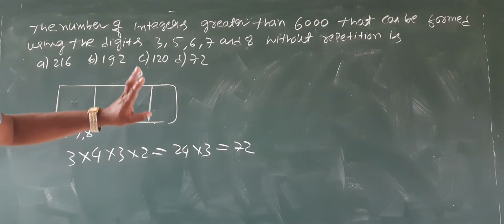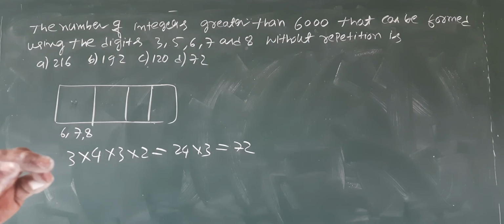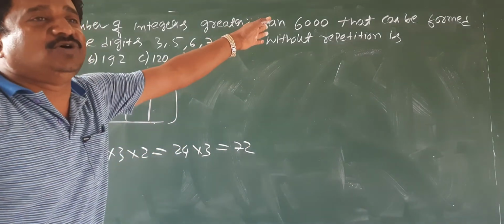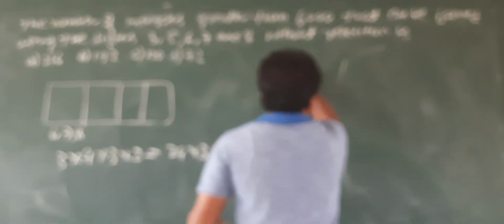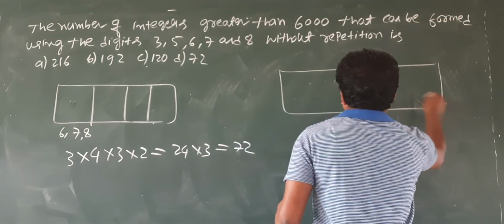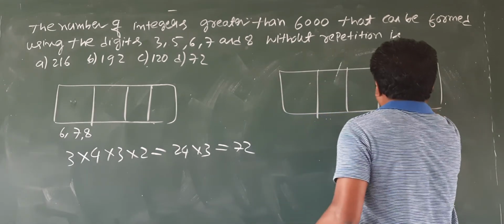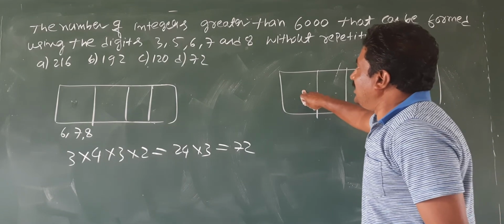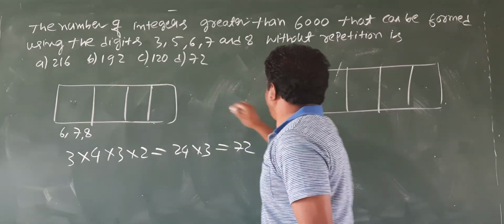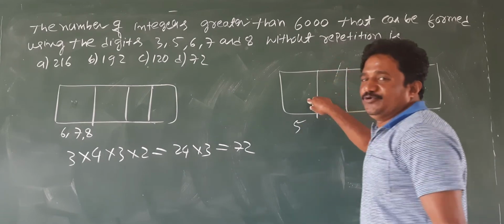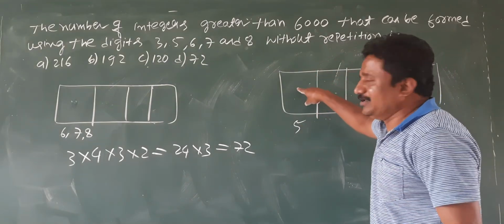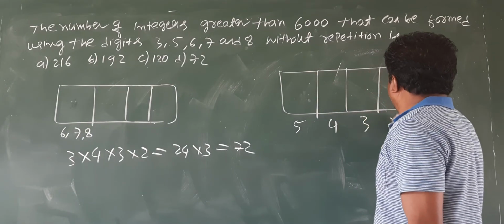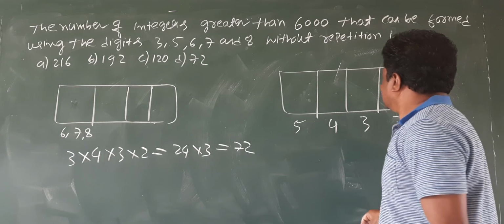Now let us think of getting 5-digit numbers. All 5-digit numbers are greater than 6000. For that, the first box can be filled in 5 ways, then the remaining 4, 3, 2, 1.